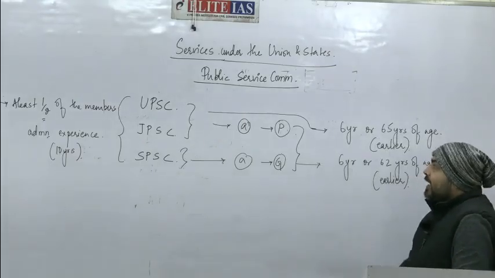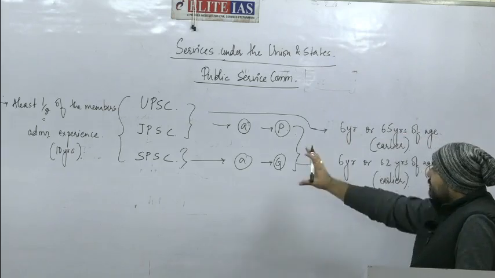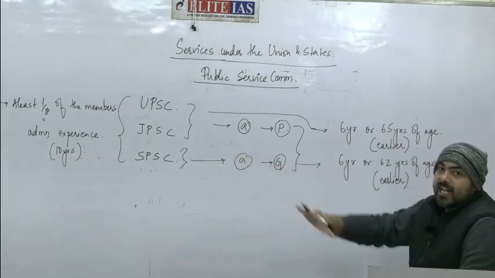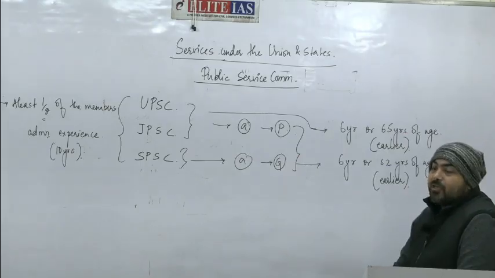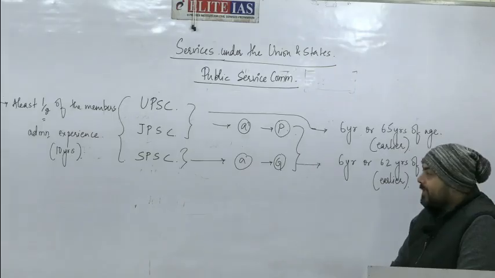If you go to that particular provision, at least half of the members should have 10 years of experience under the government of India or the government of the state.